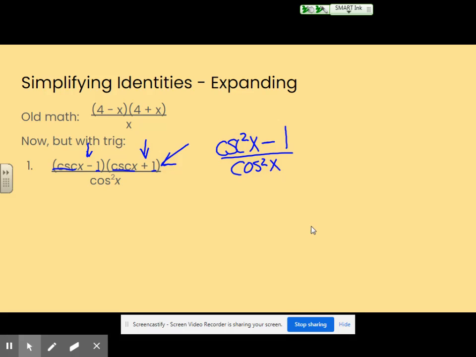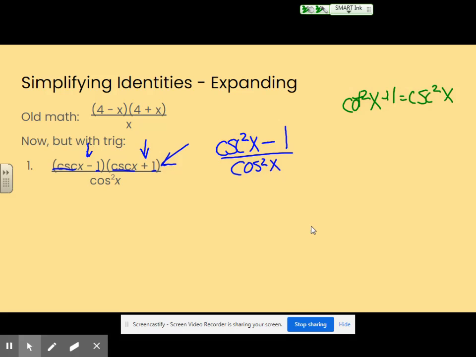So I go back and I remember, what is my identity that could help me out here? I have a Pythagorean identity that's cotangent squared x plus 1 equals cosecant squared x. And that's pretty close to what I need.